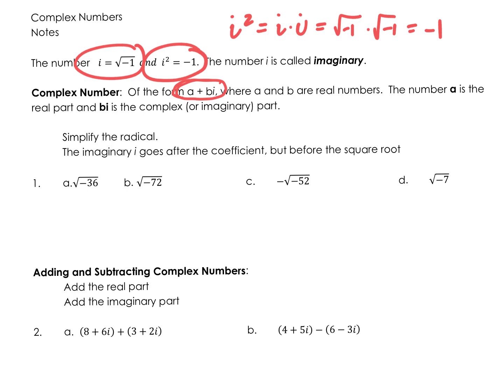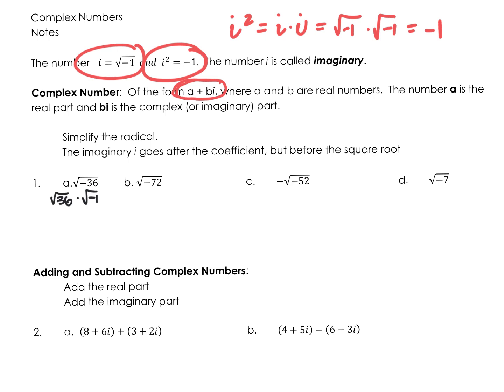So the first thing I recommend doing is breaking it up into the square root of 36 times the square root of -1. So it's taking that -1 out, just like we used to break up radicals. We're allowed to do that because 36 times -1 is -36. That way you're keeping this separate, because this will be your i.